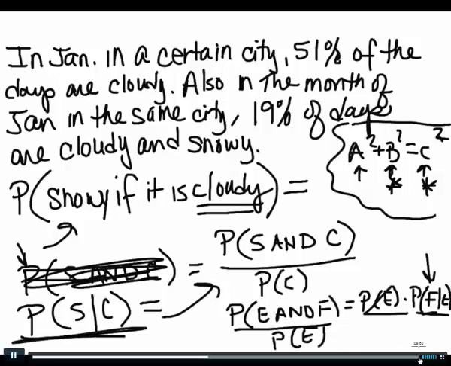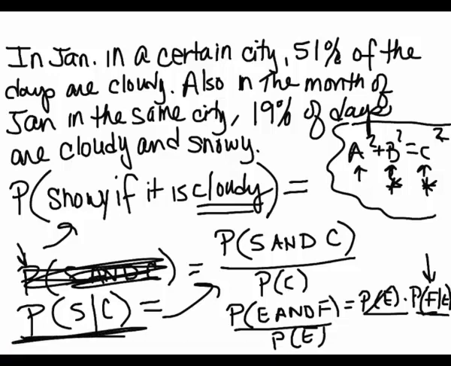So since that's what I'm looking for here, the probability of it snowing given that it's cloudy, I would just take the probability of being snowy and cloudy, which I know is 0.19, and divide it by the probability of being cloudy, which is 0.51. And I get 0.373. So there's a 0.373 chance that it is snowy given that I know that it's cloudy.